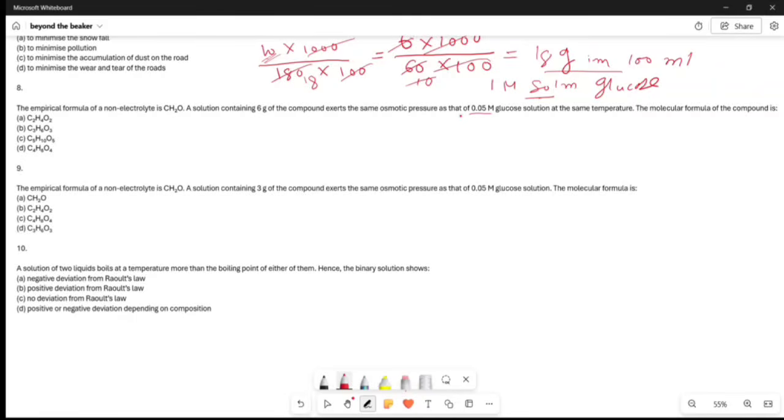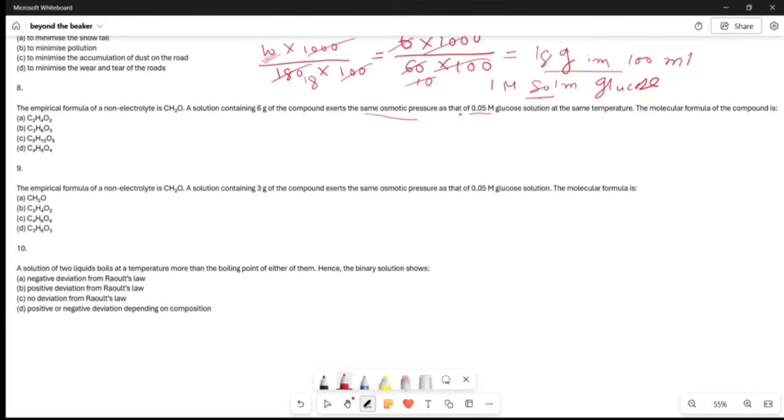So observing the question, we came to know that the two solutions have the same osmotic pressure. If the two solutions have the same osmotic pressure, it means pi 1 of one solution is equal to the osmotic pressure of the other solution.